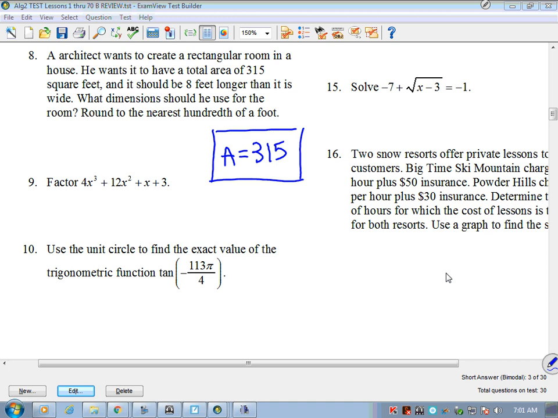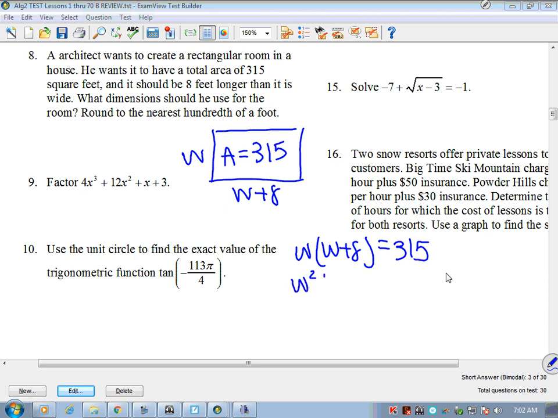So we're going to have W, because we don't know what our width is, and our length is W plus 8. From here, we know that length times width gets area. So we're going to do W times W plus 8 equals 315.